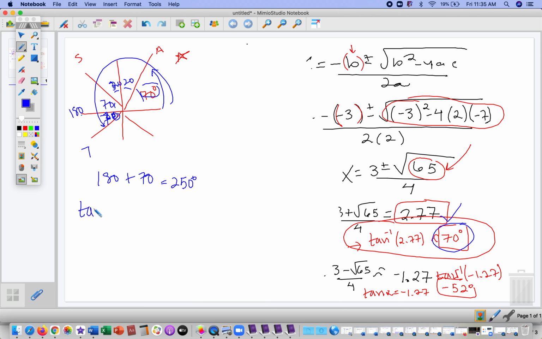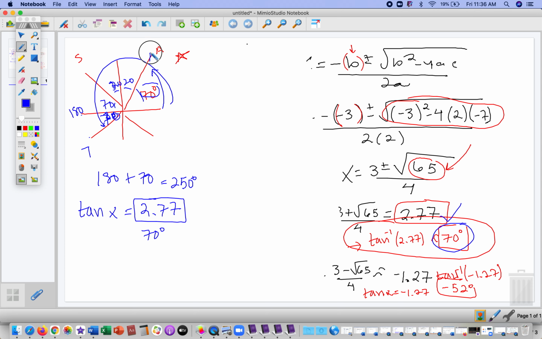So again, because it said, where will we have a tan value of positive 2.77? This didn't say 1. If it said 1, we'd have it here at 45, and we'd have it down here, right? However, this value isn't 1, root 3, or root 3 over 3. So we used our calculator. We found inverse tan of 2.77 was 70 degrees.